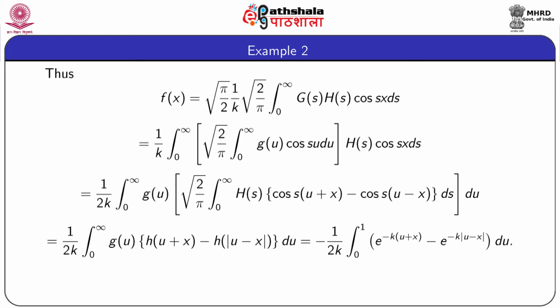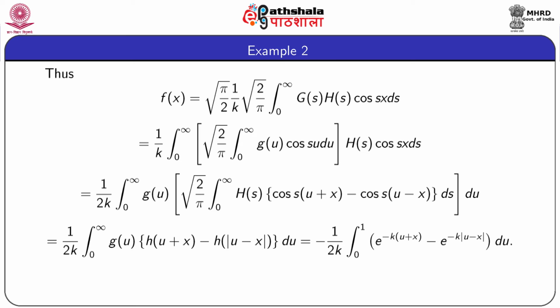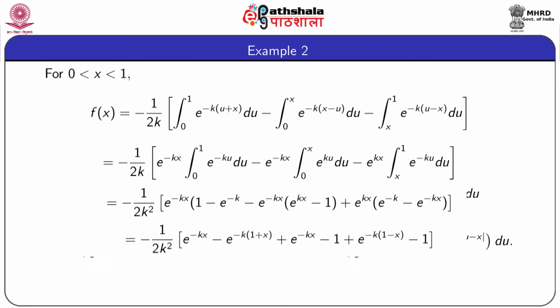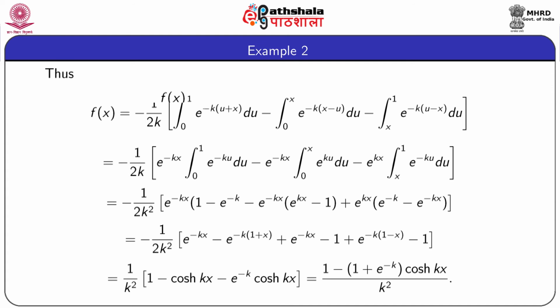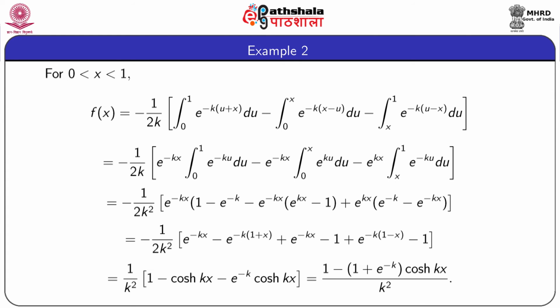Now, the u integral is from 0 to 1. For x lying in the interval 0 to 1, f(x) is equal to, from the previous step, minus 1 by 2k integral from 0 to 1 e to the power minus k(u plus x), which comes from the first term, minus, for this integral we break the integral from 0 to 1 as 0 to x and x to 1, to get minus integral 0 to x e to the power minus k(x minus u) du minus integral x to 1 e to the power minus k(u minus x) du, and that is equal to minus 1 by 2k.